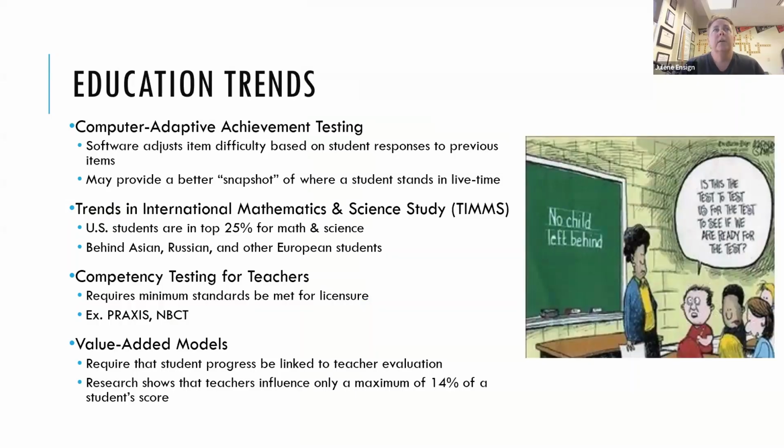Other trends. So we use computers a lot to do testing, especially here in college. And when you do your content exam, it'll be the same way. It'll be on a computer. But what this is specifically talking about is things like the NCLEX in nursing.